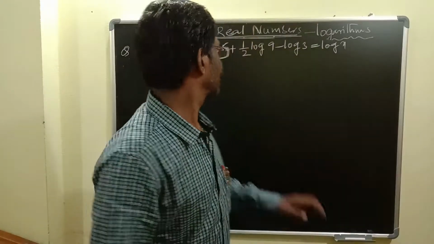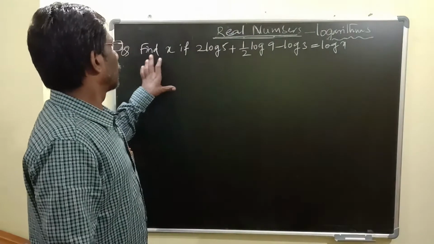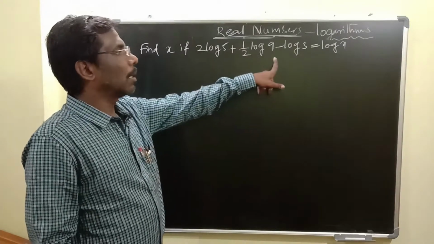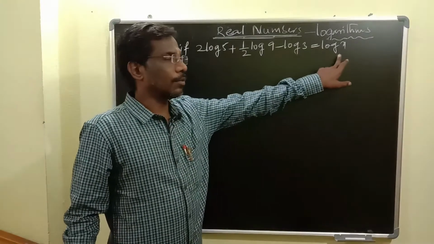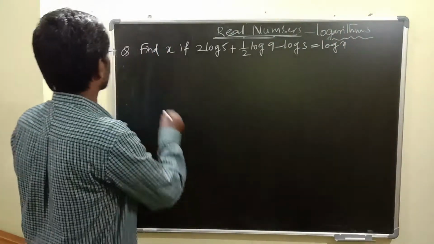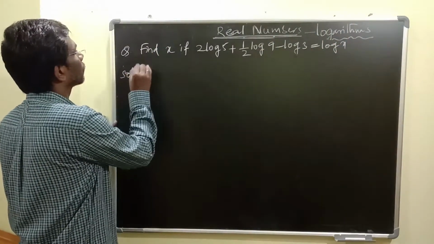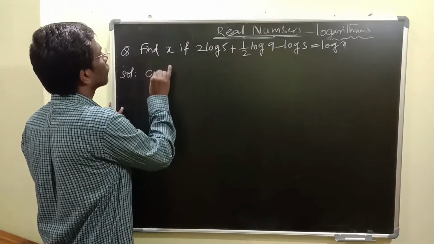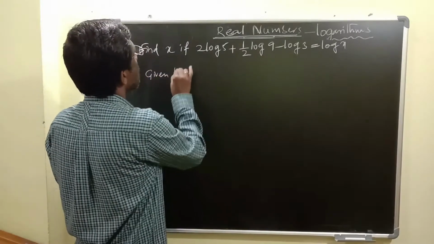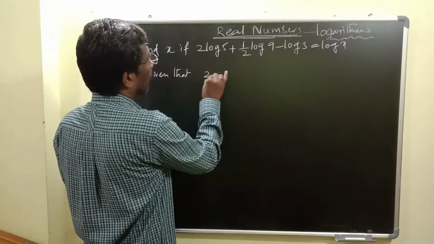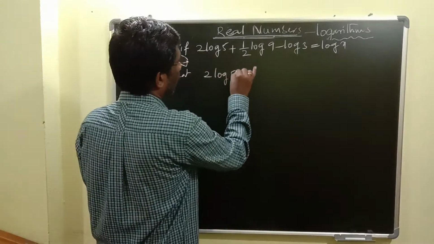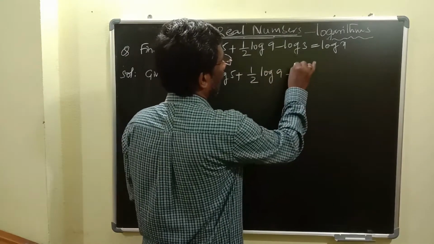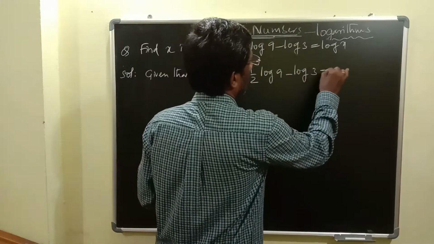Now the question is: find x if 2 log 5 plus 1 by 2 log 9 minus log 3 is equal to log x. Given that 2 log 5 plus 1 by 2 log 9 minus log 3 is equal to what?